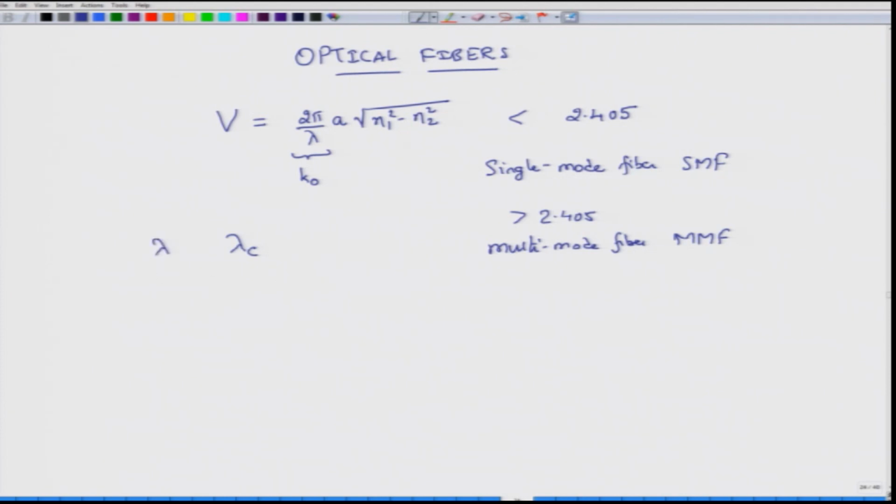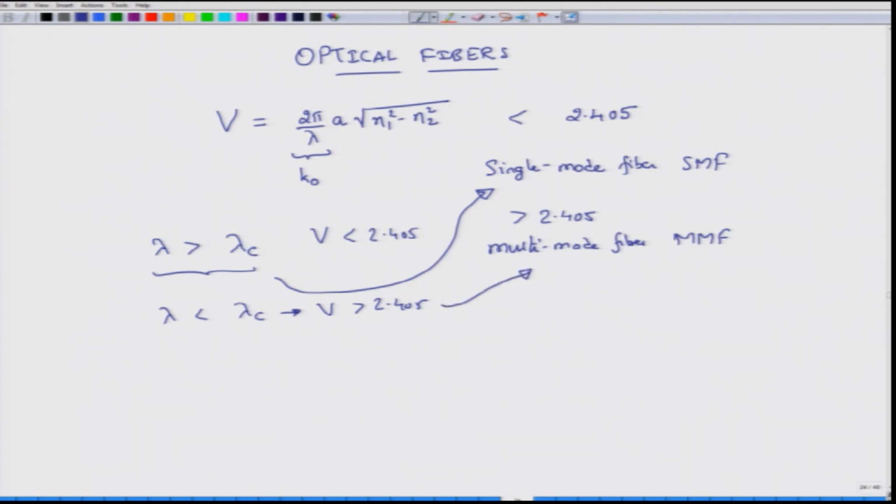If the wavelength lambda is greater than lambda c, and V is less than 2.405, then over this wavelength region the fiber will be single moded, or it will be a single mode fiber. However, when lambda becomes less than lambda c, V automatically becomes greater than 2.405. This causes the value of V to increase, and if V increases beyond 2.405, then this fiber becomes a multi-mode fiber.